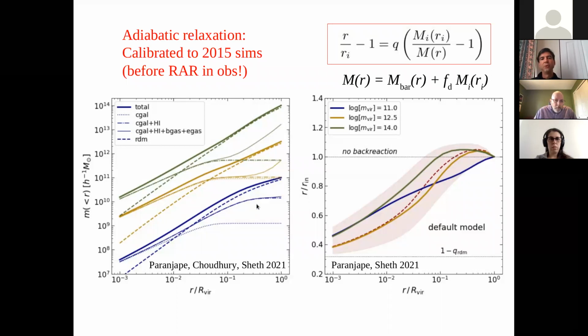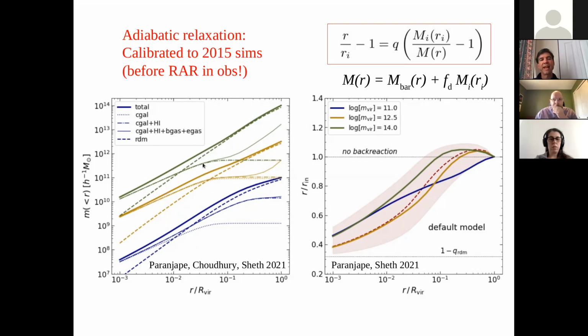The blue is 10 to the 11 solar masses, orange or gold is 10 to the 12 and a half, and 10 to the 14 is the green. And then the different line styles are showing you the total mass and the piece that came from stars, the C-gal.